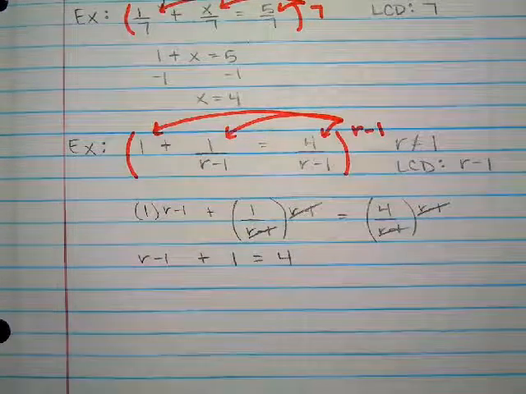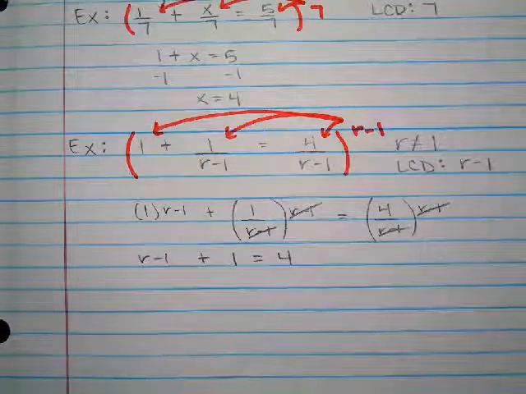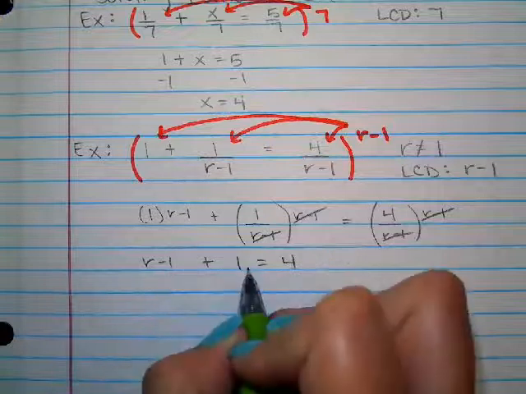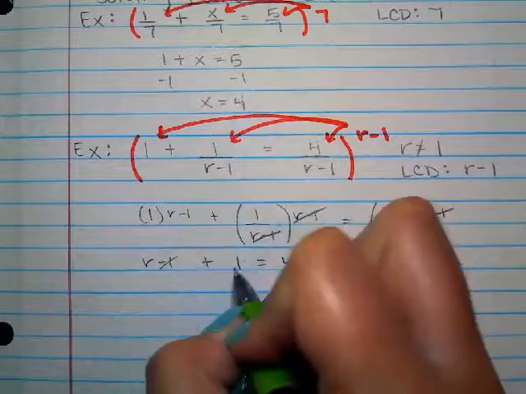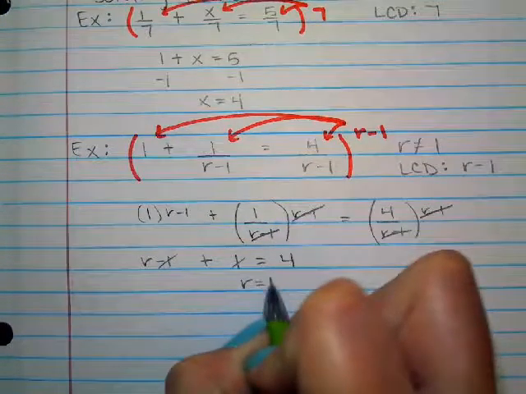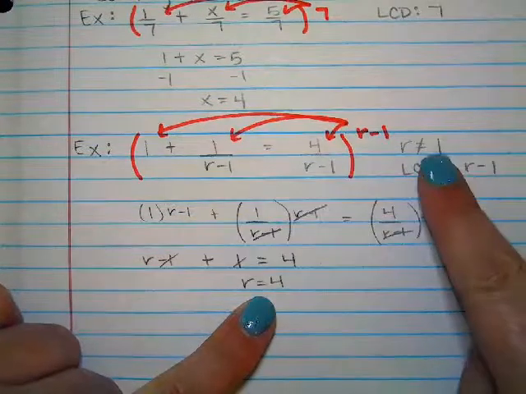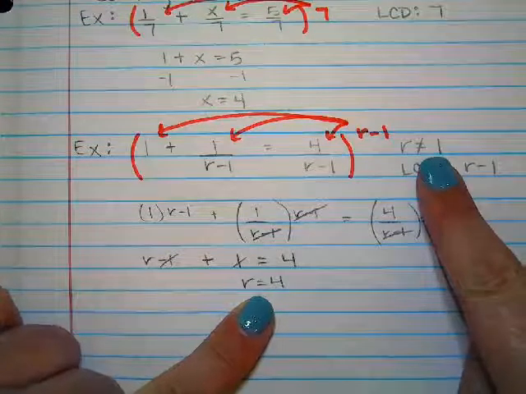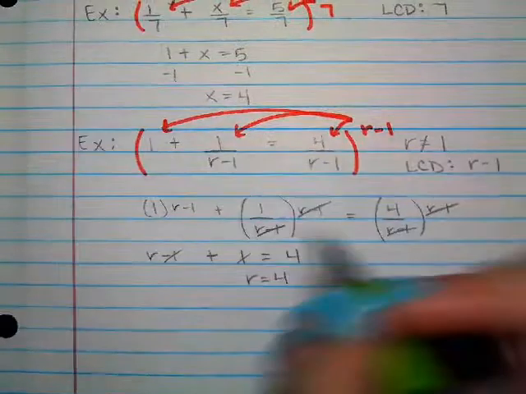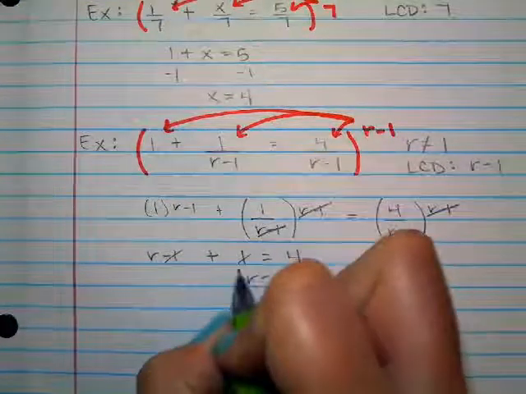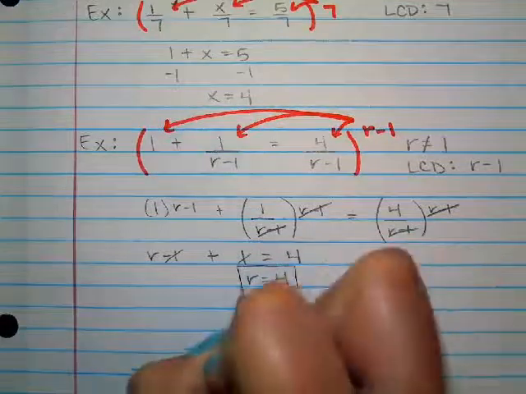Now I have an easier equation to solve. I've got -1, +1, those cancel out. I get r equals 4. I'm going to double check that my solution is not that excluded value, and as long as it's not, I'm good to go. r equals 4, that's not 1, and so my answer works.